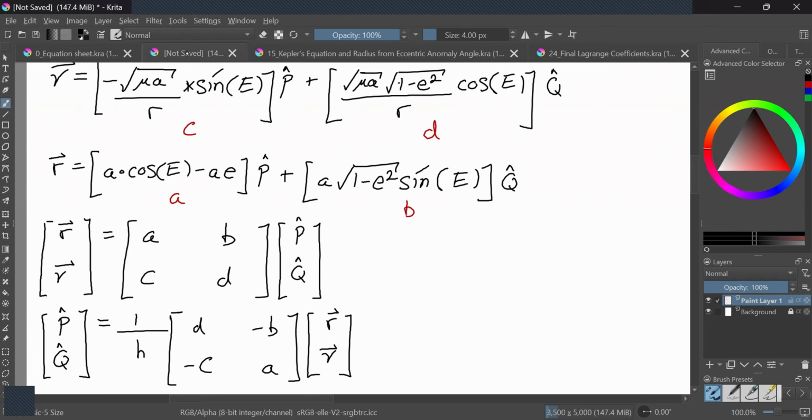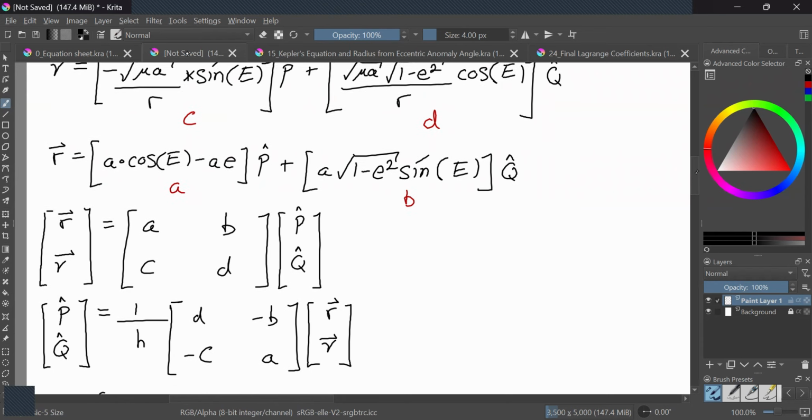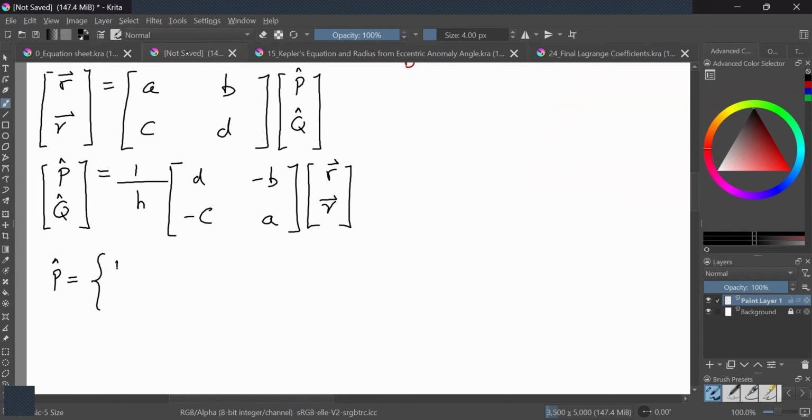So we can just cancel that out. So it becomes 1 over r times the cosine of E. 1 over r, that will actually be r naught, the initial, times the cosine of E naught.